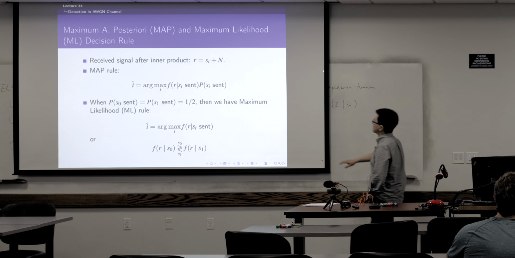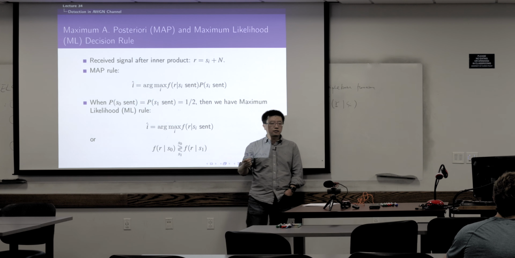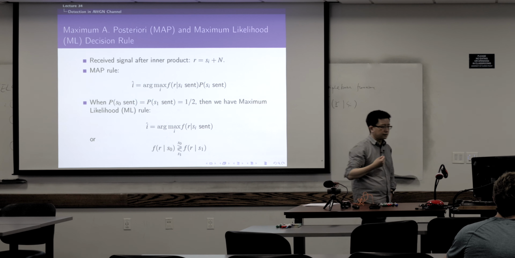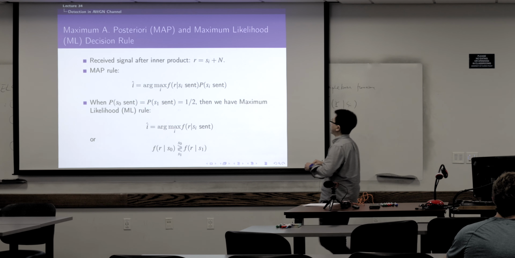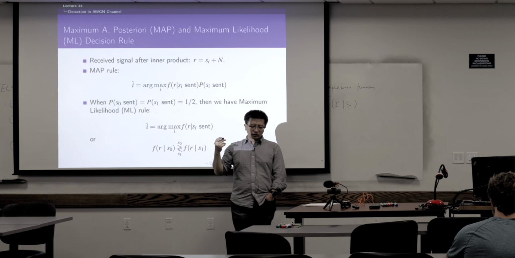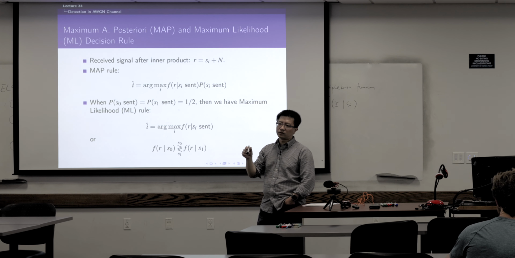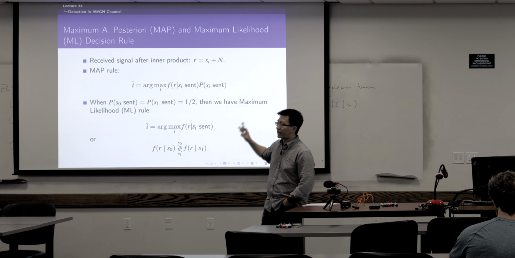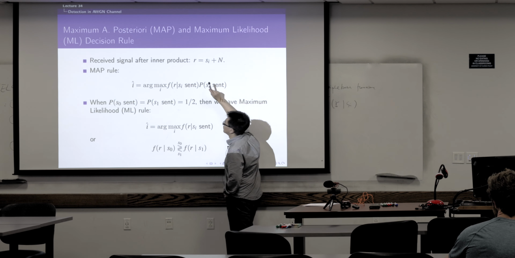R is given by the first row: R equals Si plus the Gaussian noise. The way to obtain R is to compute the inner product between the received signal R of t and our basis. So R equals Si plus the noise.